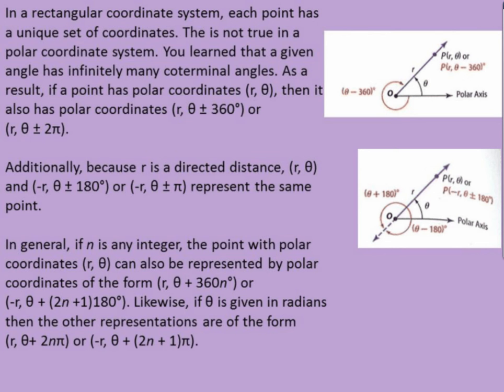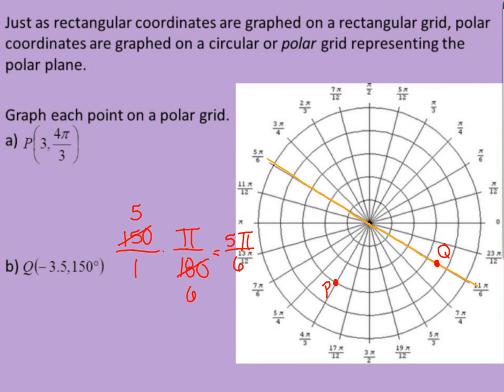So just like we looked in that last example, 5 pi over 6 and 11 pi over 6 are pi away from each other. They're half a circle away from each other. So if we want to do the negative r, we just do 180 or pi away from that original point.